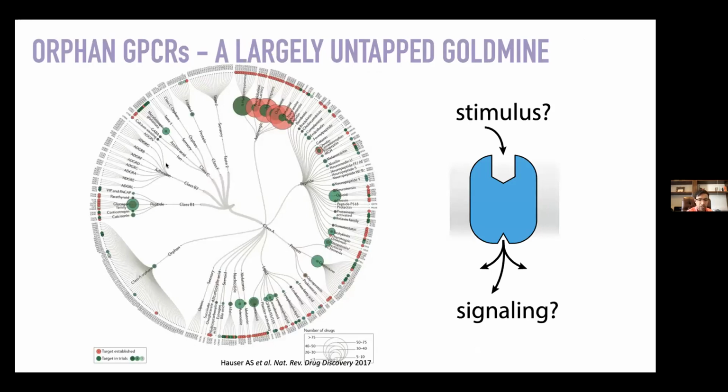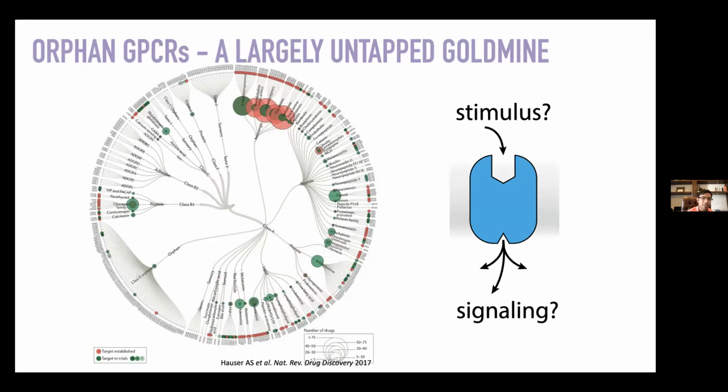On the left here is a nice dendrogram from the GPCRdb that highlights all major classes of G protein coupled receptors. And on the bottom left, this big group here are all of the class A orphan receptors.